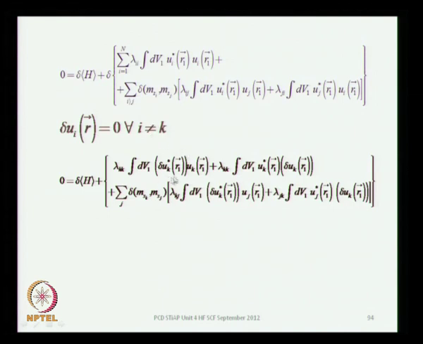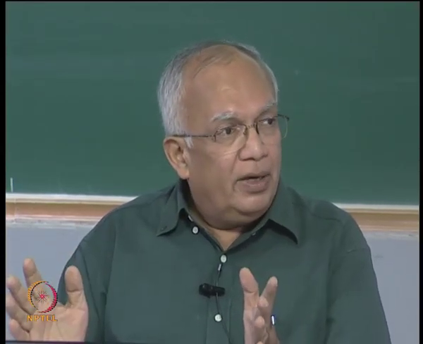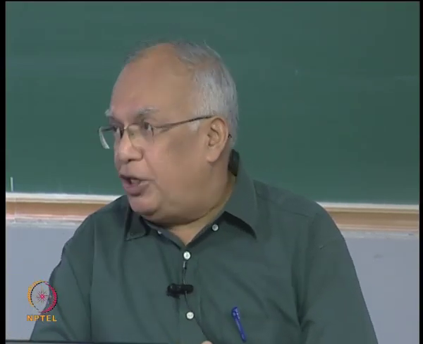So, here you have got the delta uk star r1 uk. Whenever i is not equal to k, that term would vanish. So, out of these n terms you have only one corresponding to the kth term, which is allowed to be varied under the frozen orbital approximation. All the other n minus 1 orbitals are frozen, and therefore, variations in those n minus 1 orbitals would vanish.